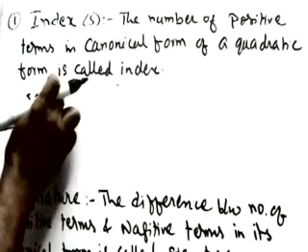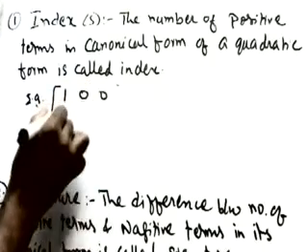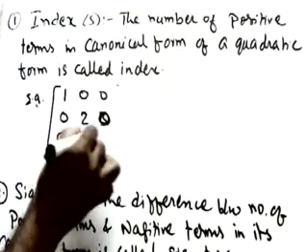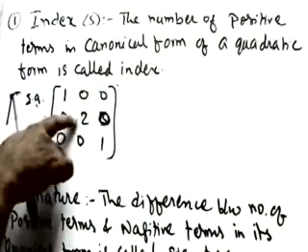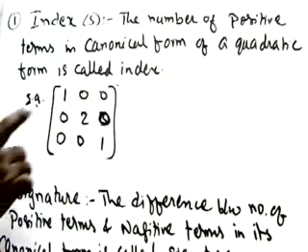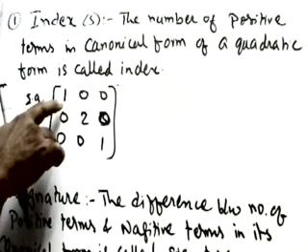Suppose you have, how the canonical form is obtained, we get the numbers here and the remaining will be 0. Suppose 1 0 0, 0 2 0, 0 0 1. This is called the canonical form. We get the numbers here and the remaining entries are 0.